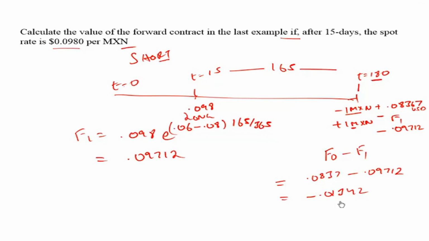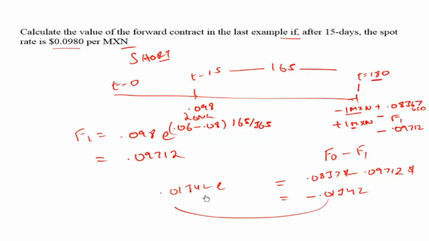So if we have to compute the present value of the loss, then we have to discount it back. It's a US dollar calculation. Both these are US dollar numbers. So we'll discount it back by the US dollar rate. If it was a Mexican peso, then we would discount it back by the rate in Mexico.